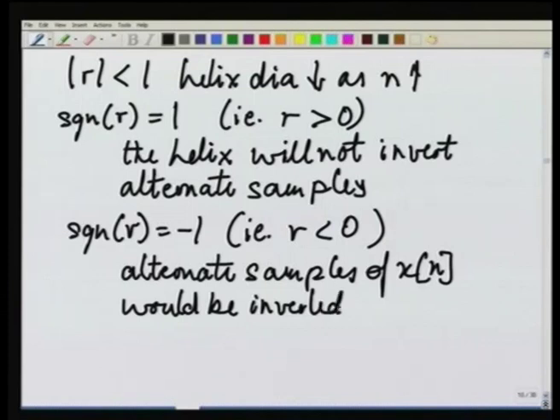What I mean to say is that odd numbered samples would be inverted.